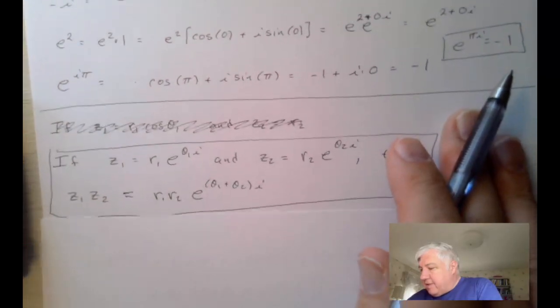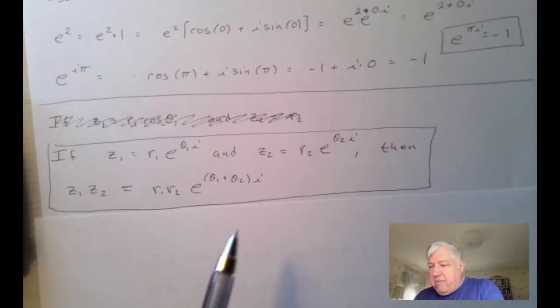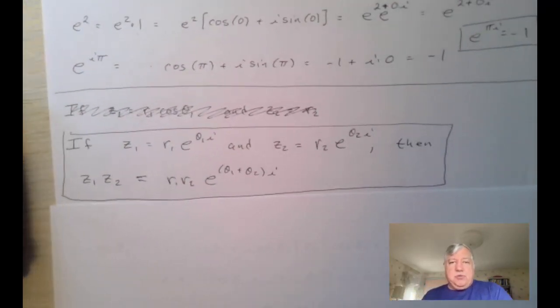Another thing here is that the advantage of working with complex numbers in their trig form or exponential form is that multiplication is pretty easy now, or easier. Because if, for example, z1 and z2 are complex numbers, and these are their exponential forms, and we want to multiply these two numbers, we can just multiply their respective r's and add their respective thetas, and we get this number.